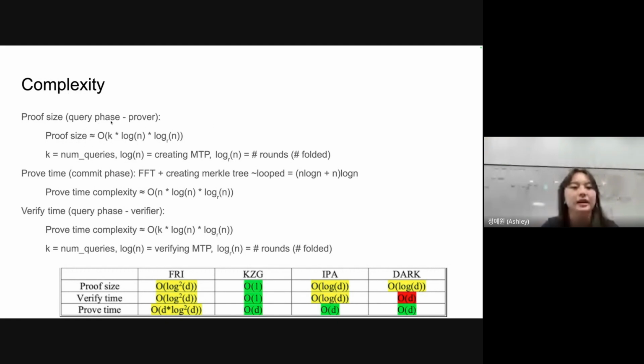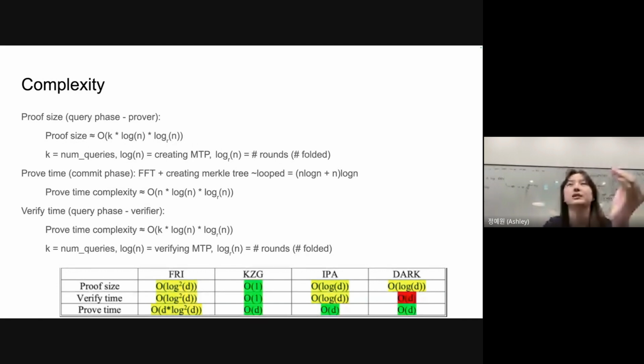In our case, it's the query phase of the prover. I think they assume that the number of queries is 1, which makes sense with what I calculated. Assuming the number of queries is 1, then we'd have log n for creating the Merkle tree proof, and then log n for the number of rounds, because the number of rounds is determined by how much we reduce the polynomial.